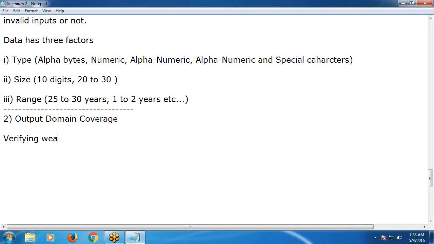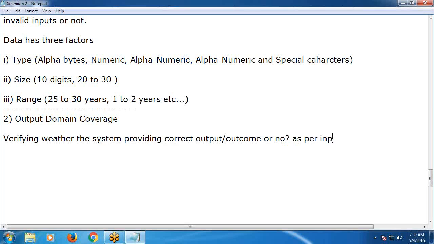Verifying whether the system, meaning the application under test, is providing the correct output or outcome or not, as per input and process.